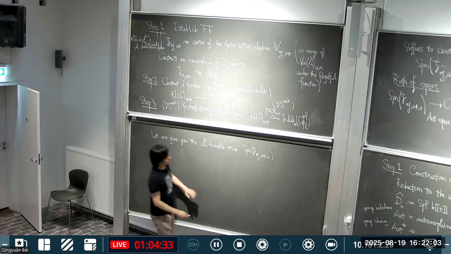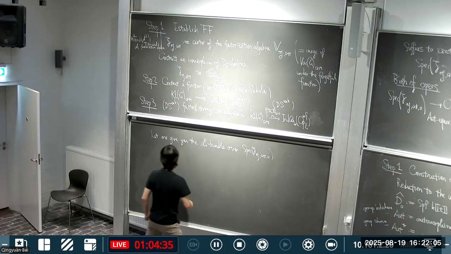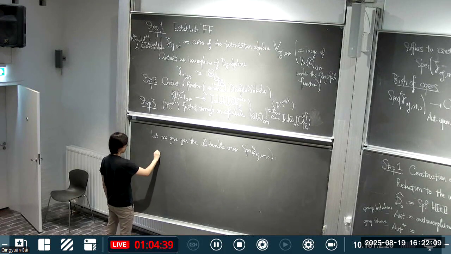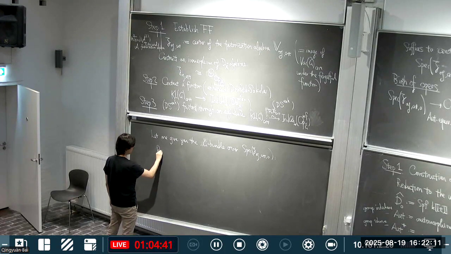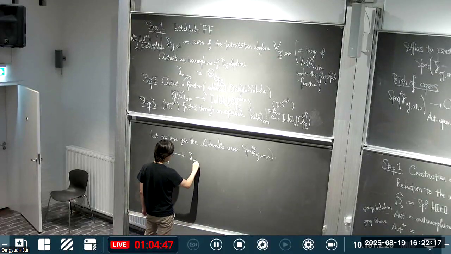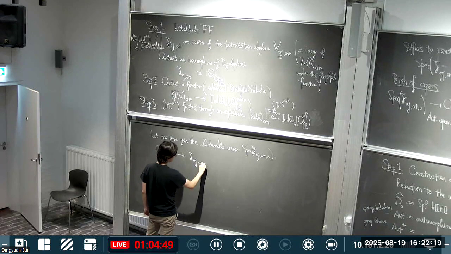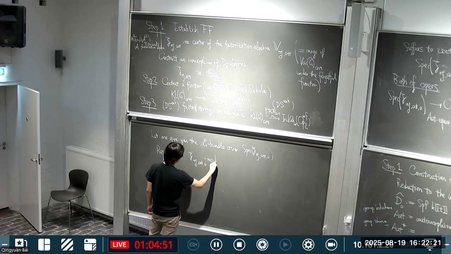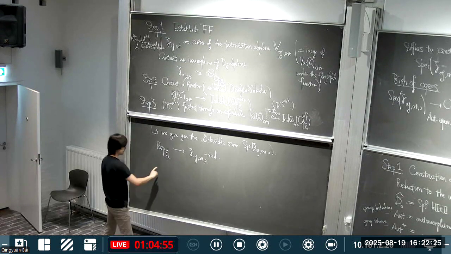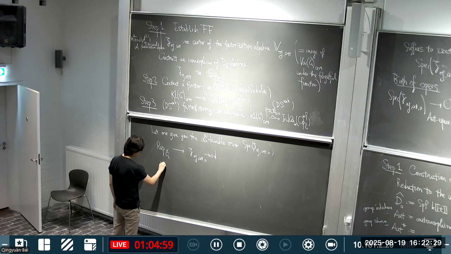So what is this G check bundle? Well, let's take the Tannakian perspective. All I need to do is give you a tensor functor from the representation category of G check to modules over this algebra. So what is this functor? Here is where the dual group creeps in.